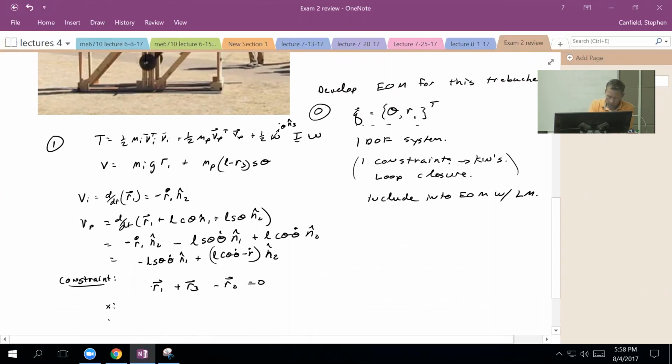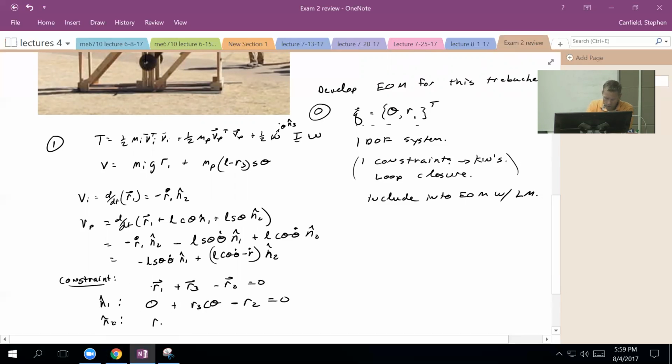I can expand that into my XY coordinates because right now it's a vector equation. I need scalar equations for this constraint. Let's say I've got the N1 and the N2 direction. In the N1 direction, I get 0 for R1 plus R3 cos theta minus R2 equals 0.